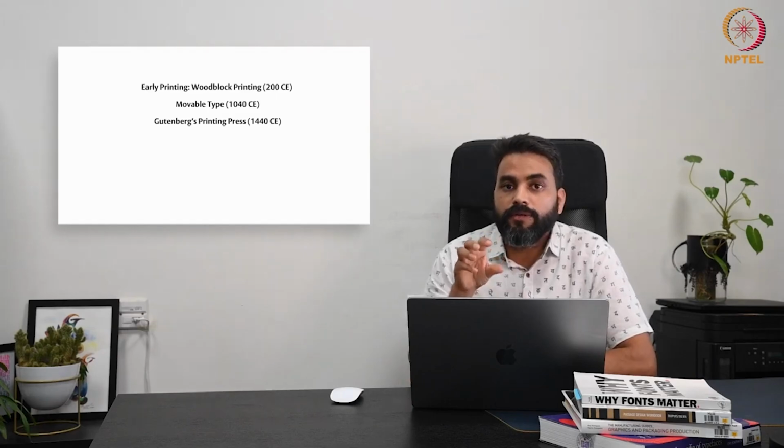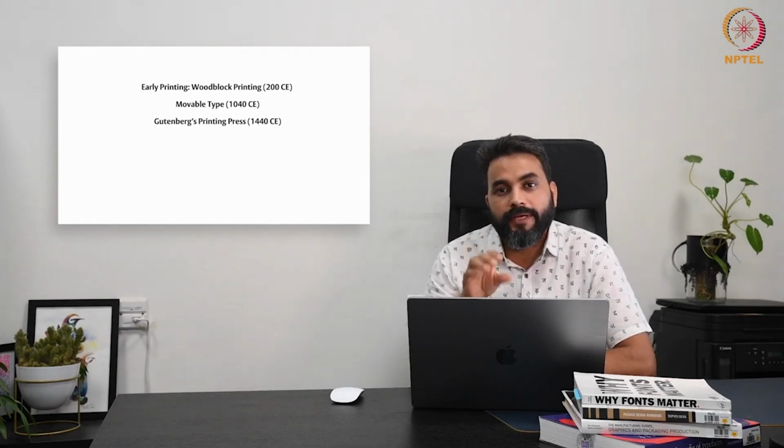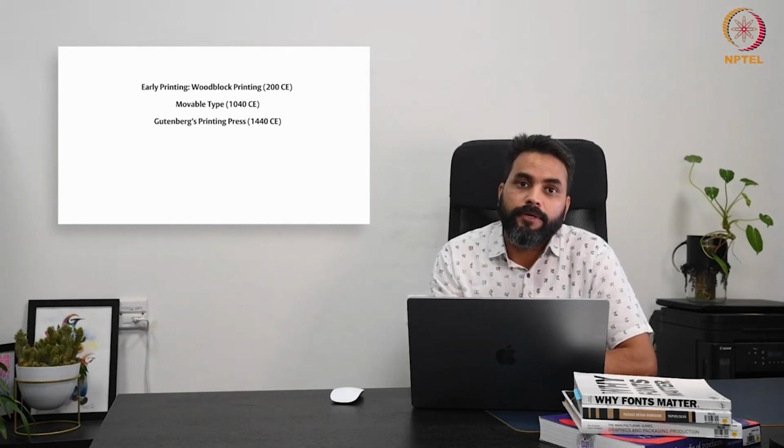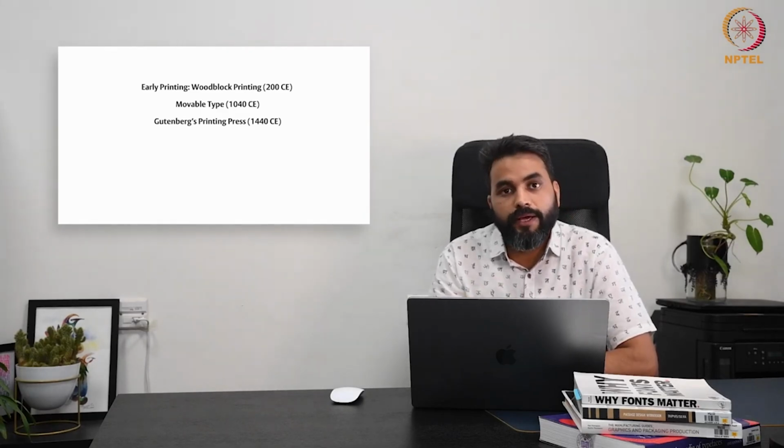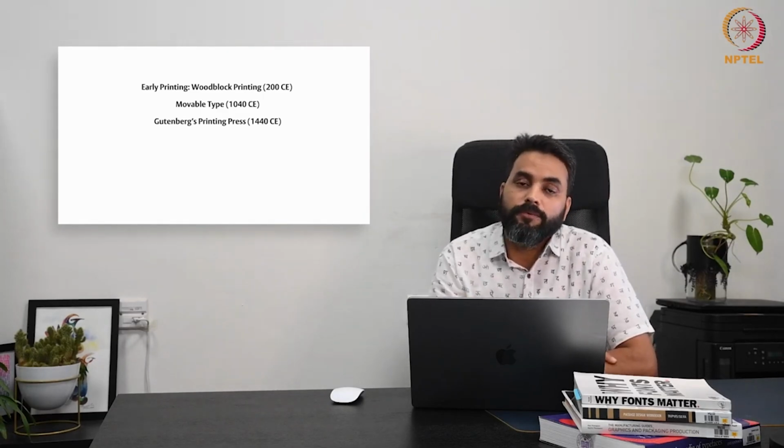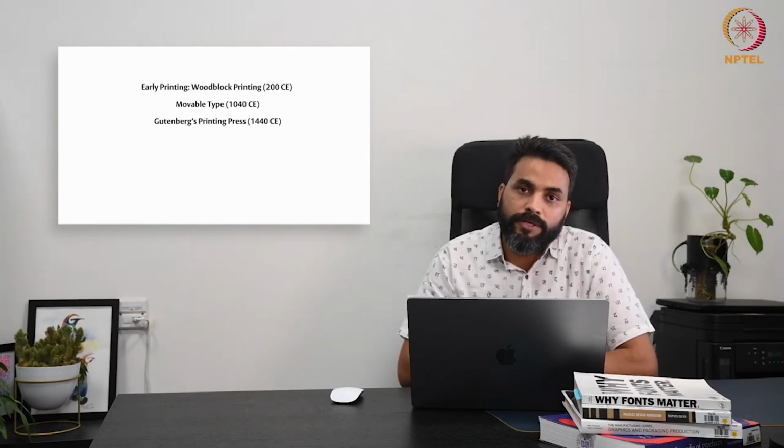The idea is the Gutenberg printing press revolutionized printing by introducing movable metal type and a mechanical press. This innovation enabled mass production of books again, making them more accessible and affordable to a wider group of audience and users.